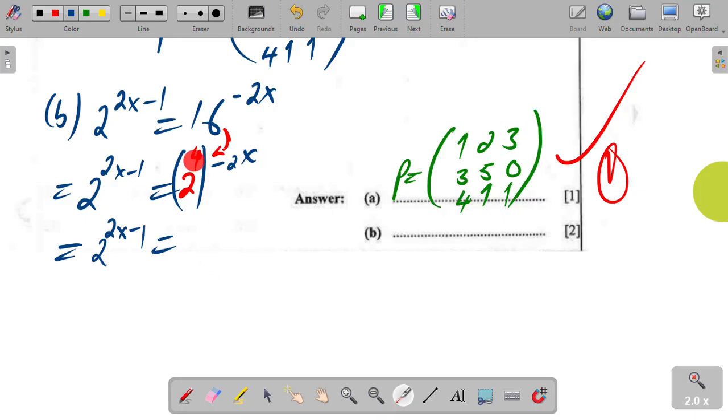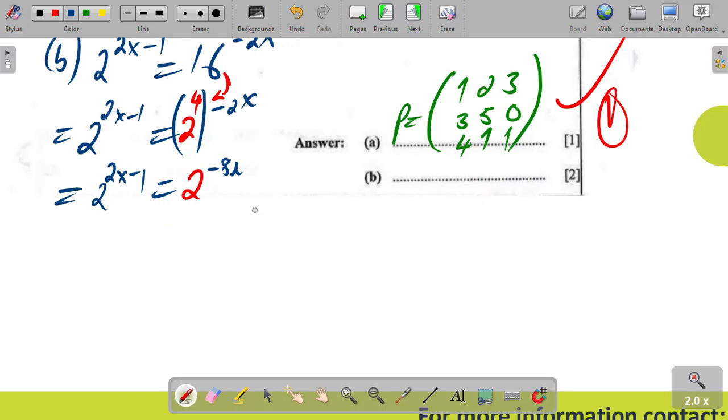So negative 2x times 4, what are we getting? We are getting negative 8x. You see that?